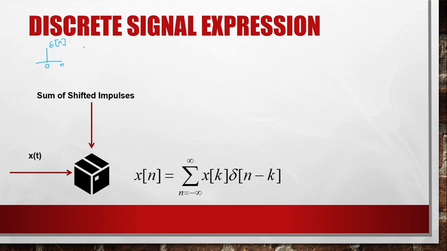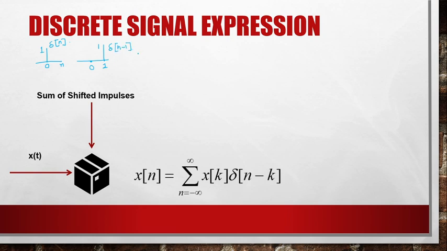Next, I am taking another delta, but it is shifted by 1 unit. Suppose this is my 0, but my signal is shifted by 1 unit, so this is where it is; the value is 1. This is actually at n minus 1.